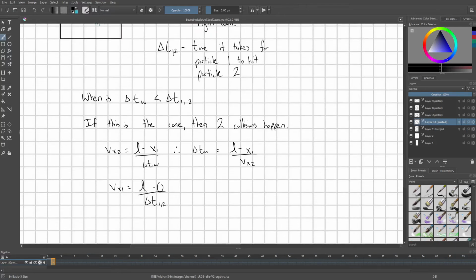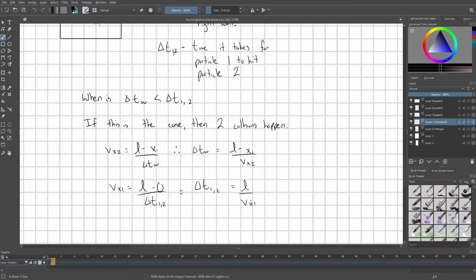I could even call this max or something, but I'm not going to. Let's just keep this easy with our notation. And so we get that delta T1,2 equals L over Vx1 when it's maxed out.